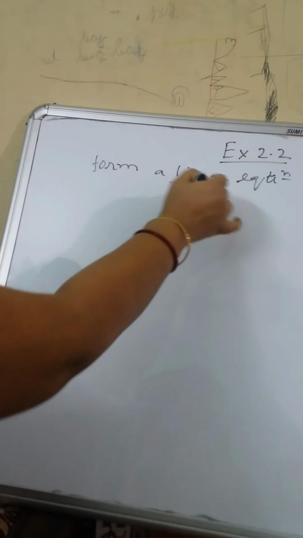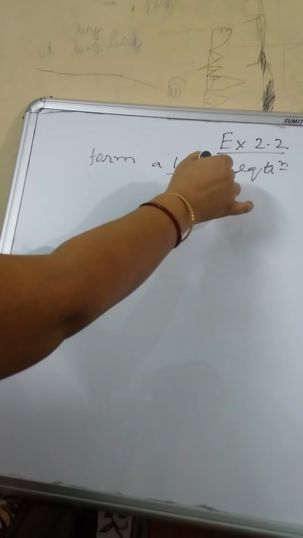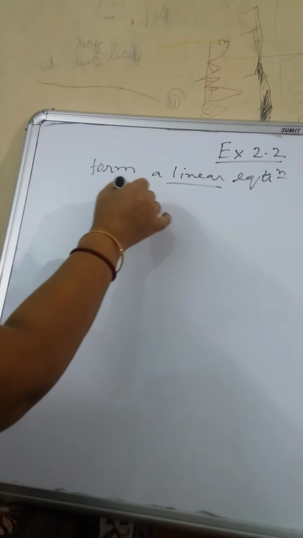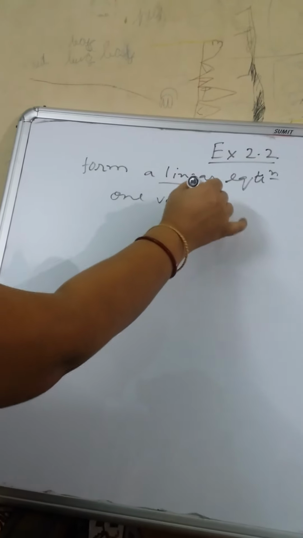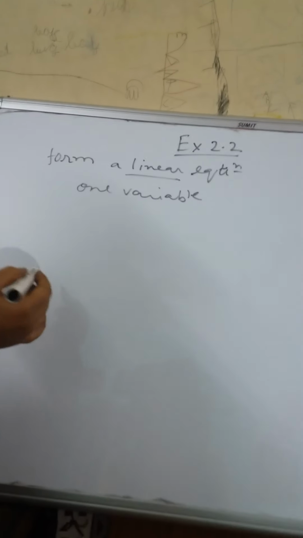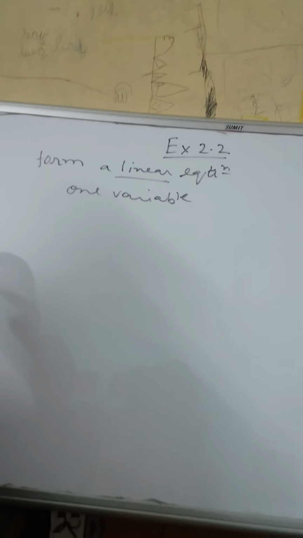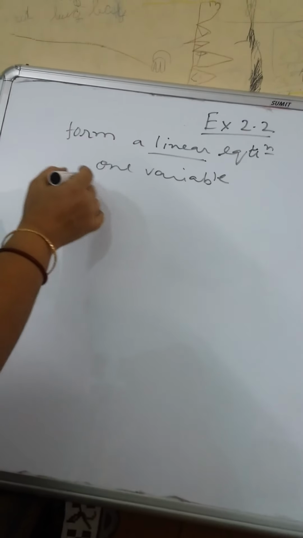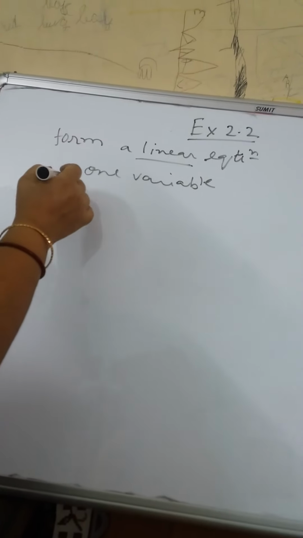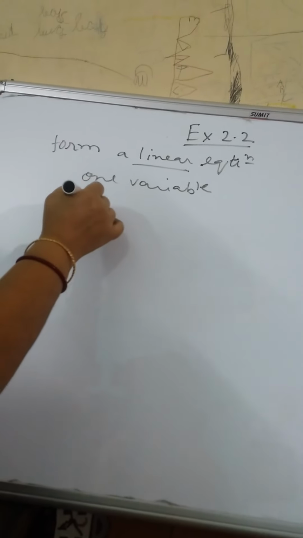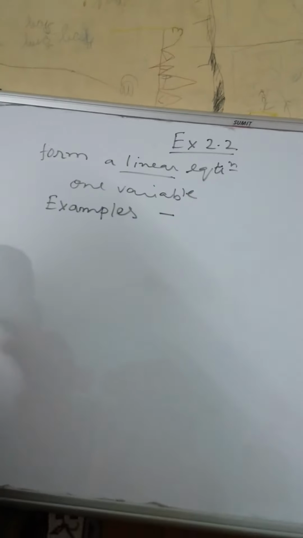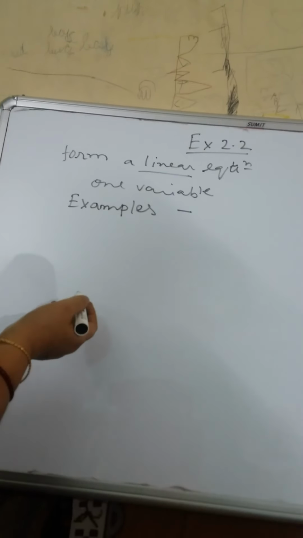And as it is a linear equation, you have to use only one variable and form that equation. You will also go through all the examples that are given in your textbook so that it will help you further to solve these problems.